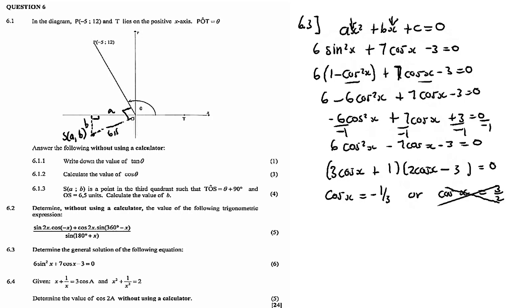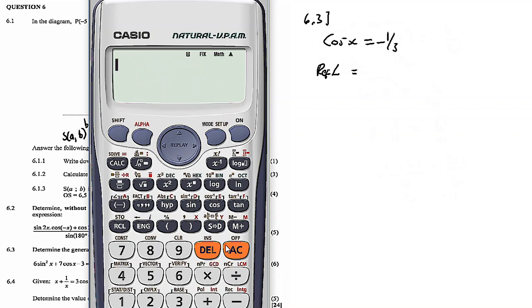I'm running out of space, so how about I create some space? Section 6.3. So cos x equal to minus 1 over 3. Therefore the reference angle is equal to the second function of 1 over 3.